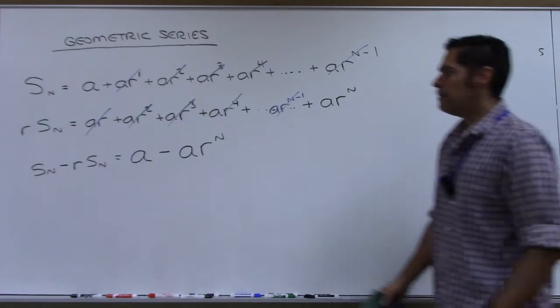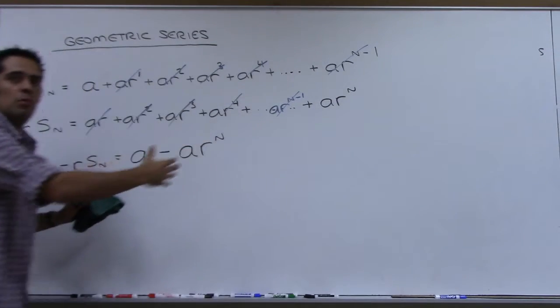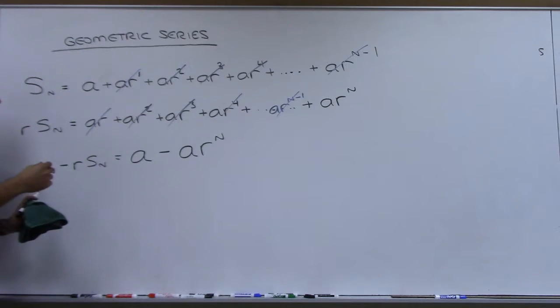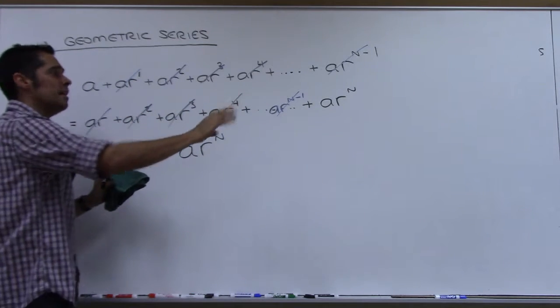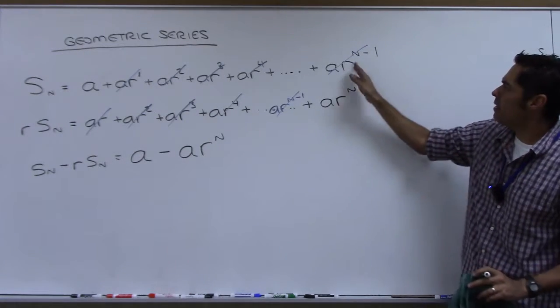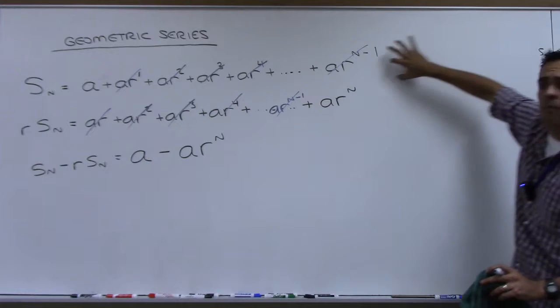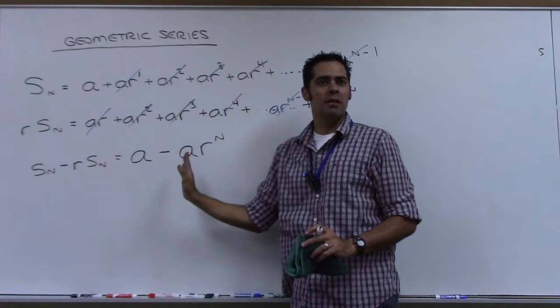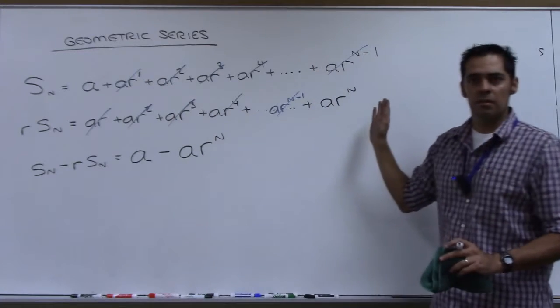Do I have a huge sum of things anymore? If I let n go to infinity, am I adding more things like I was before? Like here, if I let n go to infinity, it means move more of these out, right? I don't have a big old sum anymore, do I? A bunch of stuff canceled.